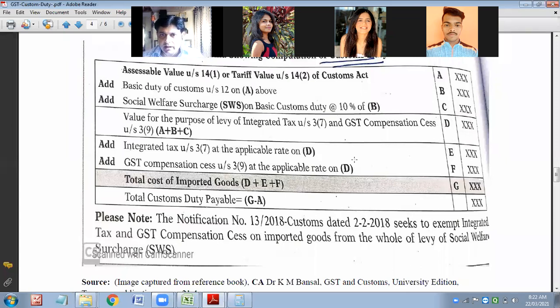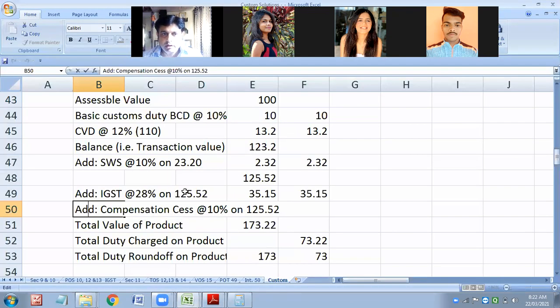Whatever the value we will get, on that compensation cess will be charged, and that will give me total cost of value imported. That is what we did. Now this too will be charged on 125 rupees 52 paise. 10% on 125 rupees 52 paise.